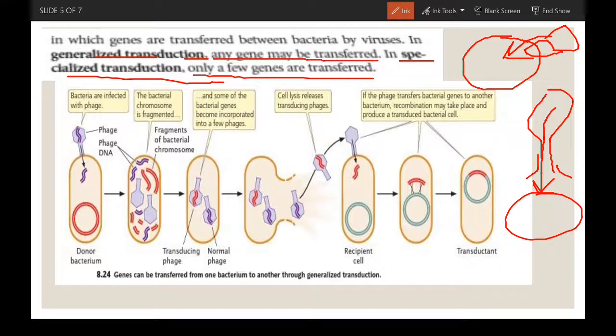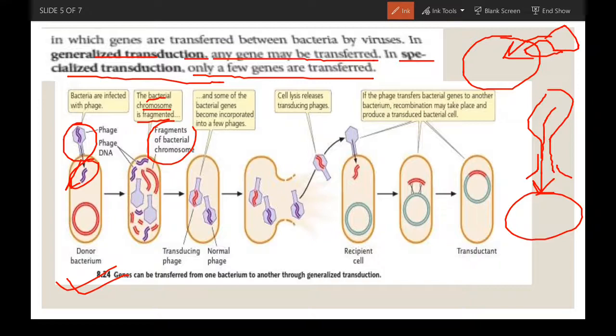This is the picture of generalized transduction. The bacterial cell is infected, so the phage DNA enters into the cell. Then the bacterial chromosome is fragmented.